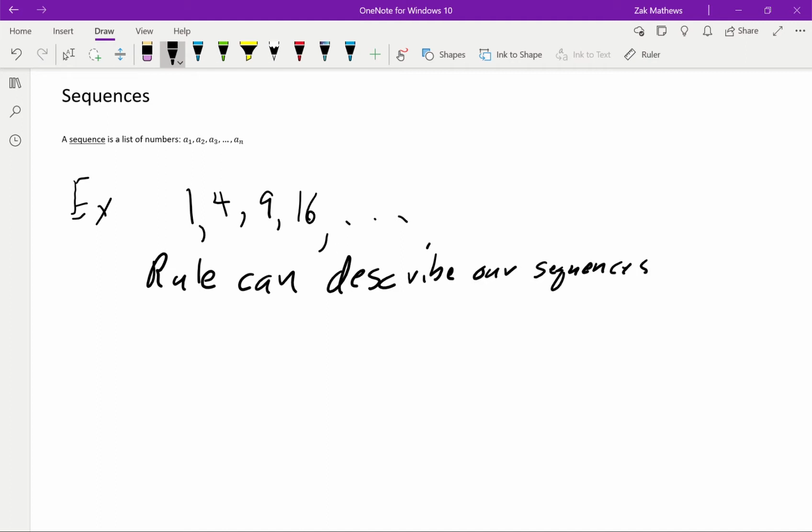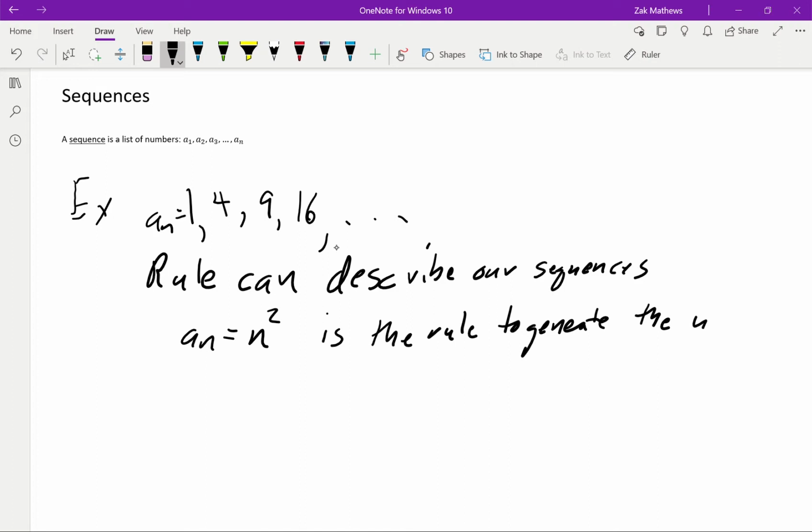In this case, if we're going to call this the sequence an, we could say the rule to generate the nth term would be n squared.